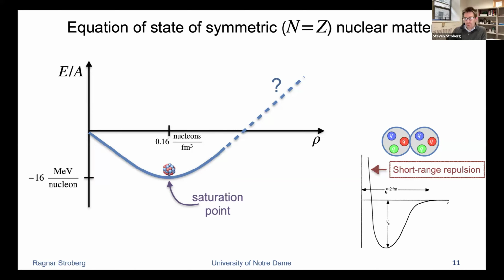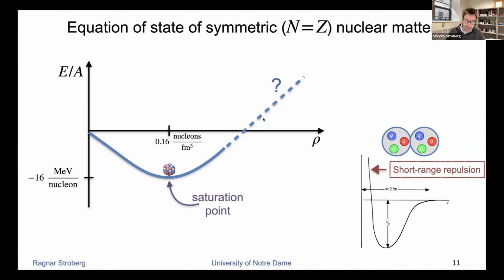And physically, you can think about this as here's a kind of a cartoon of the interaction between 2 nucleons. At very large distances, it goes to 0, and then at intermediate distances, it's attractive, and then you get to very short distances and you get repulsion, which you can think about as these nucleons, protons and neutrons, are made of quarks, and if you get them too close together, they start overlapping, and now you have the exclusion principle for the quarks, so they don't want to be in the same place at the same time, and so they don't like that, and that gives you repulsion.